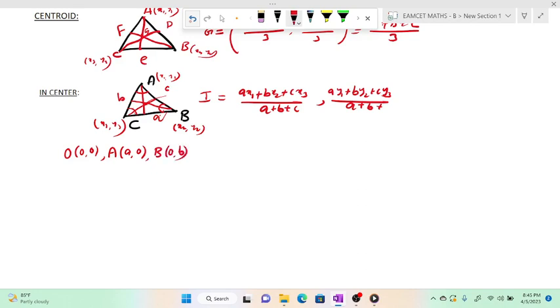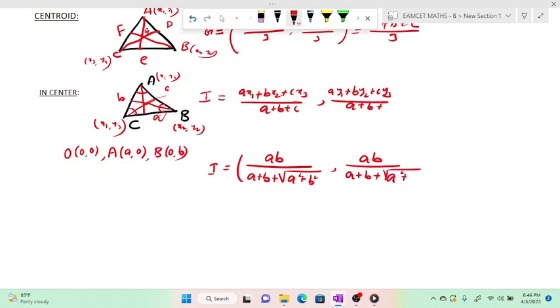In this case, the incenter of the triangle I is equal to (AB / (A + B + √(A² + B²)), AB / (A + B + √(A² + B²))).